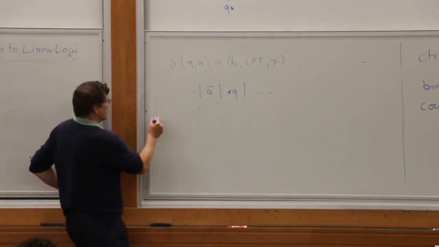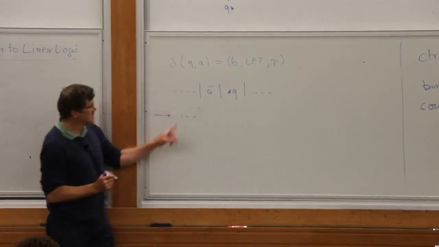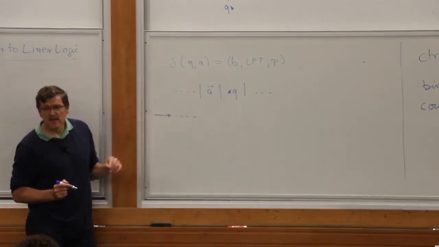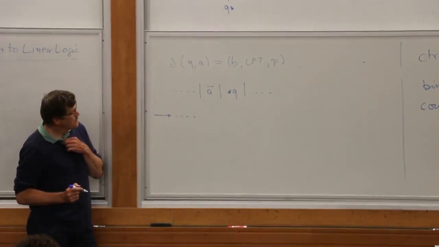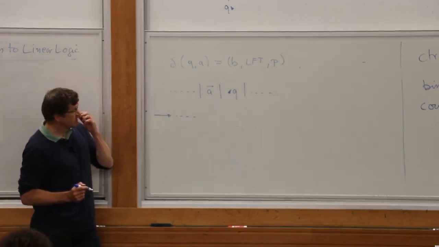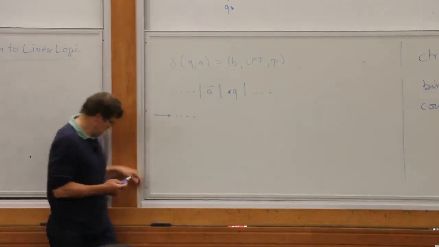And what do we want the configuration to look like after the step? This tape is not affected. So what would you want this to look like? Presumably all the rest stays the same.